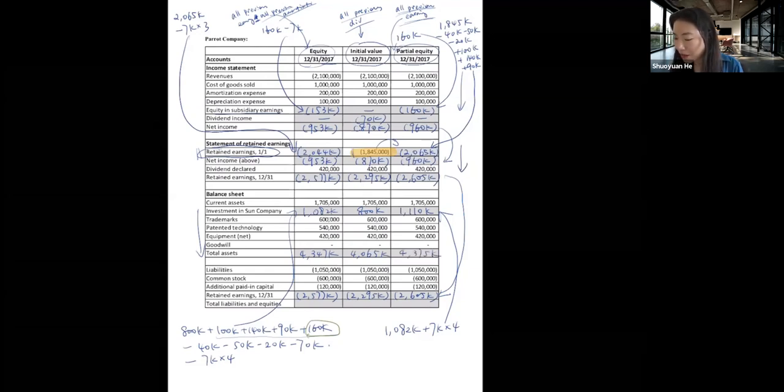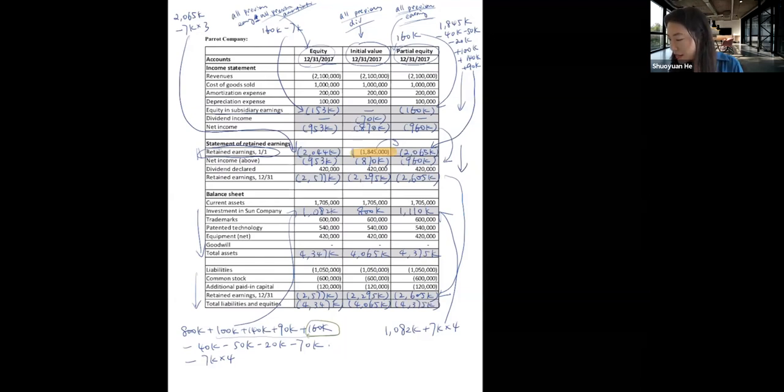And then if you add up all of your liabilities and shareholders' equity, you are going to get your total liabilities and shareholders' equity. And then the last thing to check is your total assets should be equal to your total liabilities and shareholders' equity.